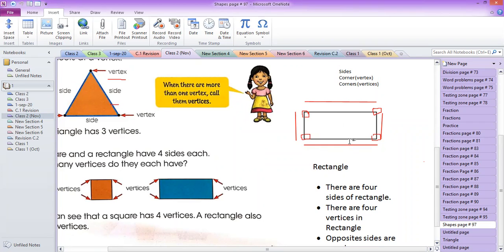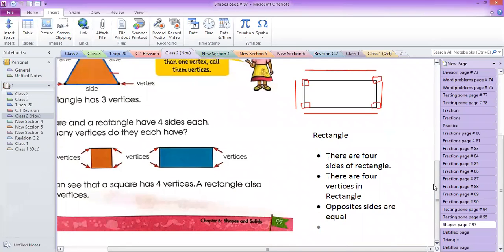These longer sides are exactly equal to each other, and the shorter sides are exactly equal to each other. So in a rectangle opposite sides are equal, not all sides. That is the main difference between a rectangle and a square. We also learned examples of a rectangle: cupboard, whiteboard, cell phone, tablet. We can find all these 2D shapes around us.